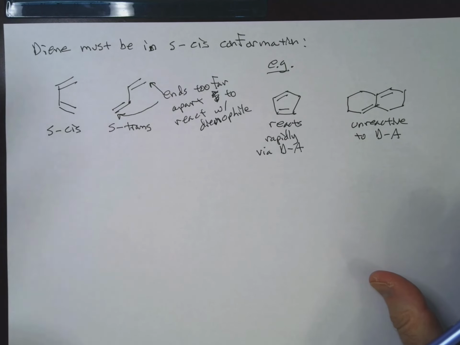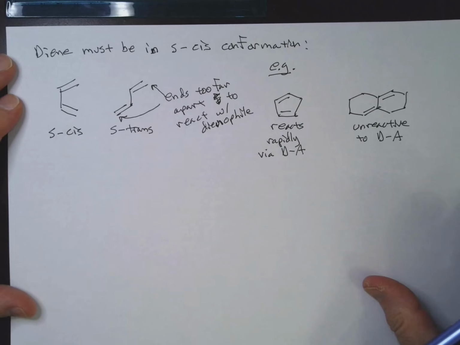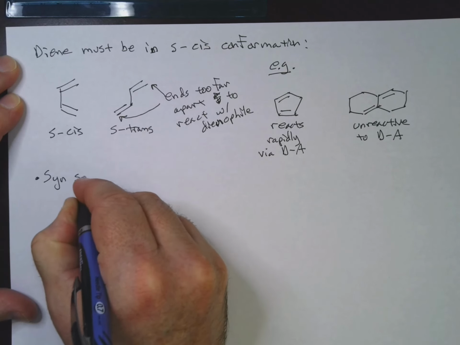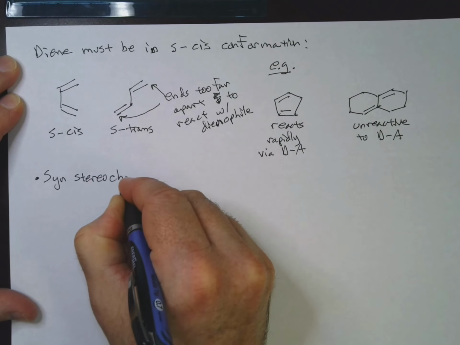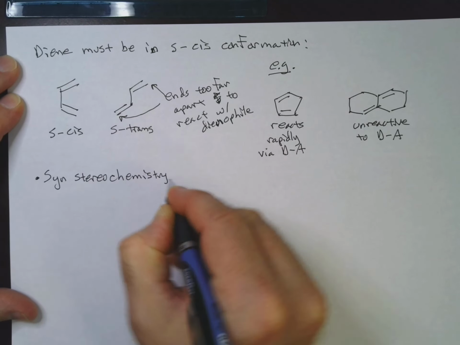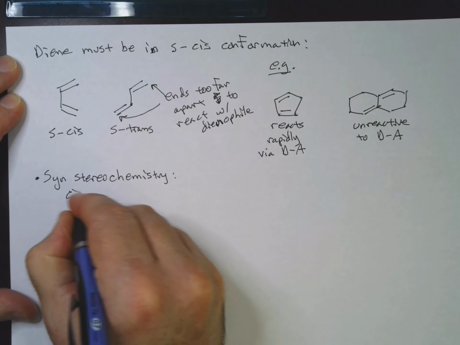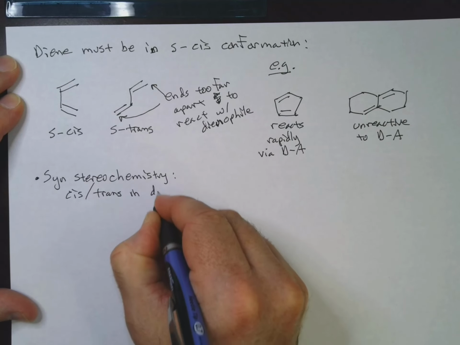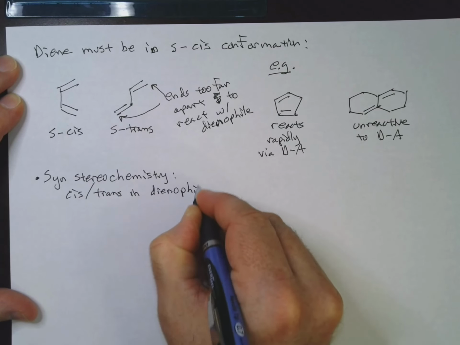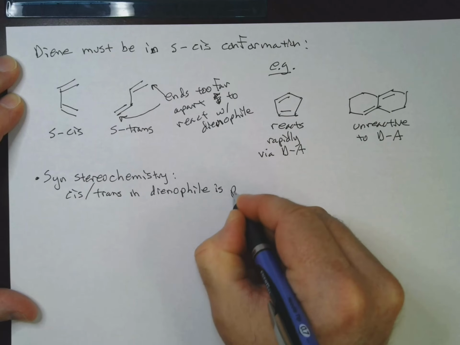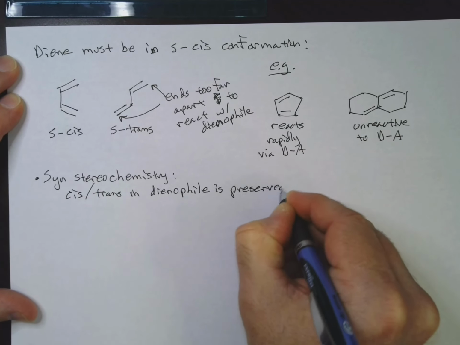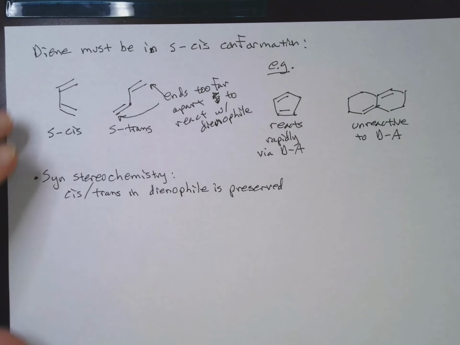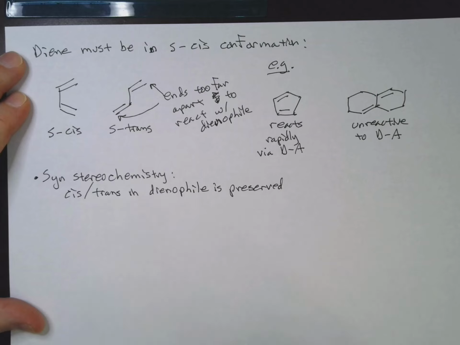Okay. Should also note that we get a syn stereochemistry. And that is to say that cis and trans in the dienophile is preserved. So what would that look like?